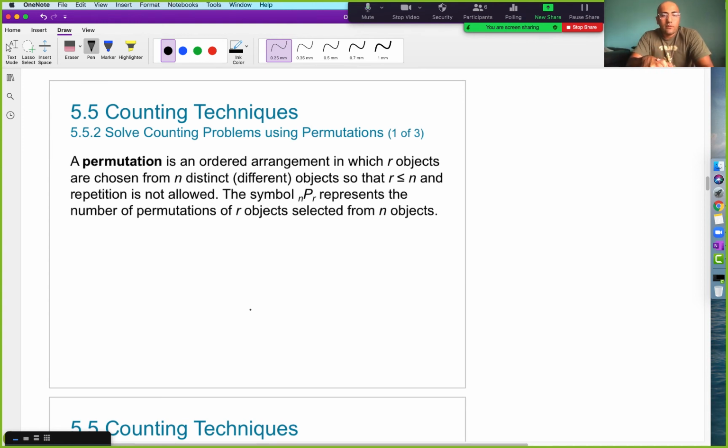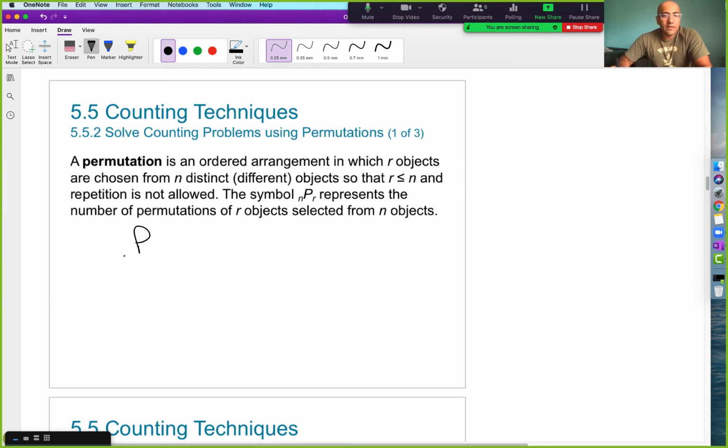So the symbol, this giant P with a little n and a little r, the way we read it is to begin with the giant P and say permutations. So this is permutations of R objects selected from n objects, or the other way around, permutations of n choose R. So either way is fine.